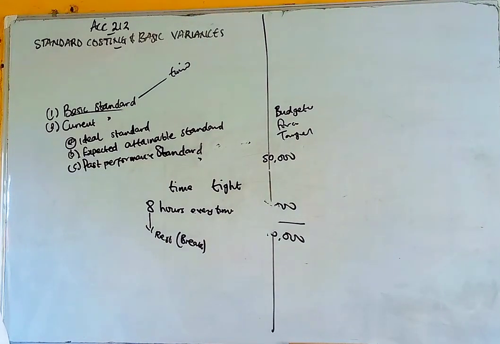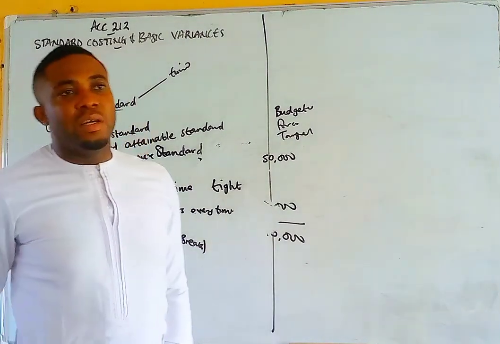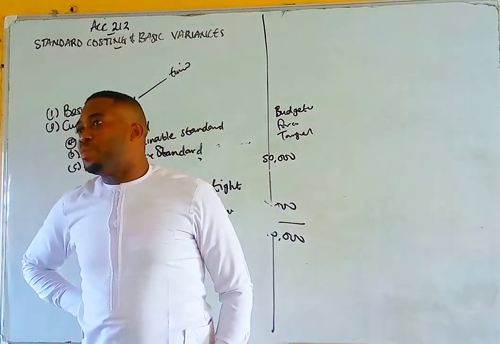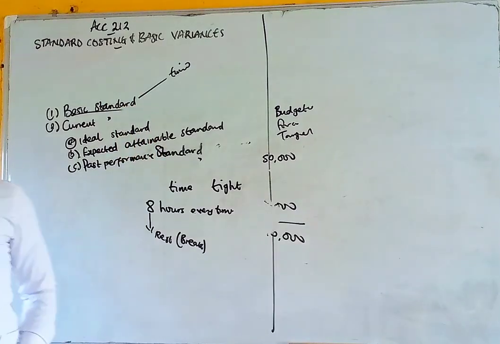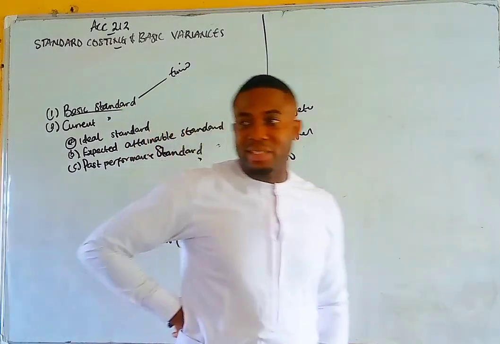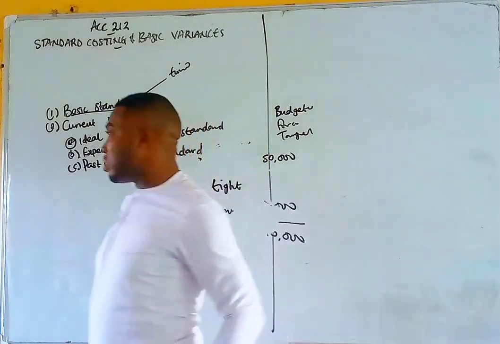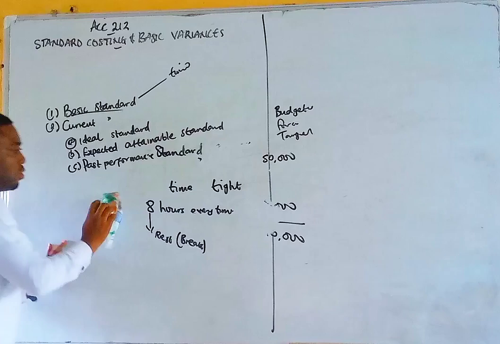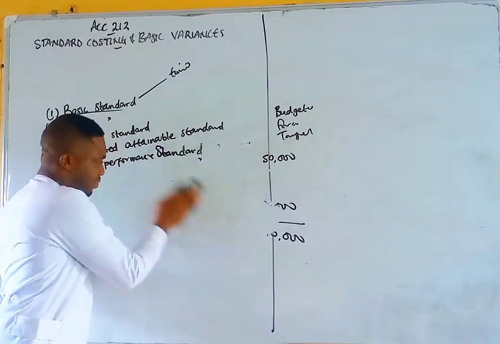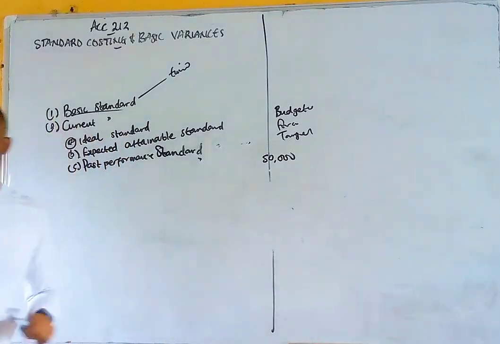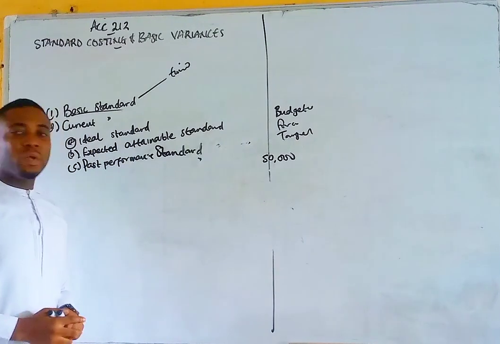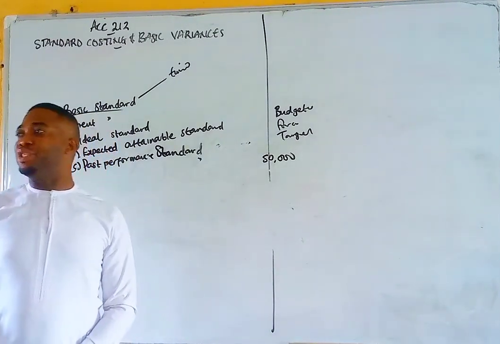The standard costs are usually set by the cost accountant in collaboration with production engineers, designers, work study practitioners, and other managers. We are looking at how a firm establishes their cost.